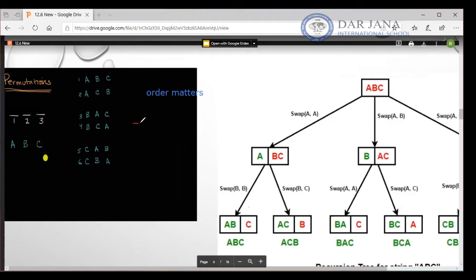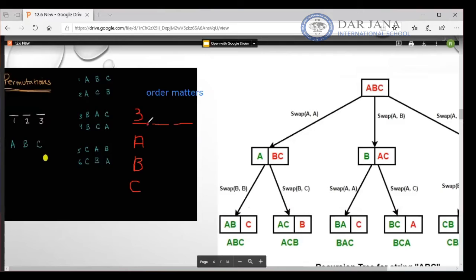Now this is the second way that I'm going to explain, and we're going to connect it to the lesson. In the first place, I can put A or B or C. So I have 3 options here.